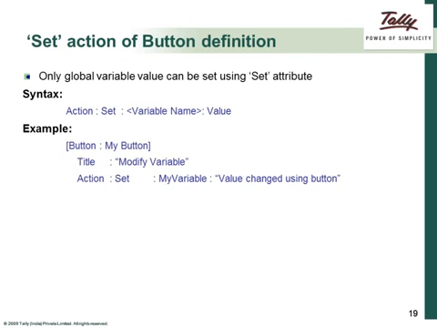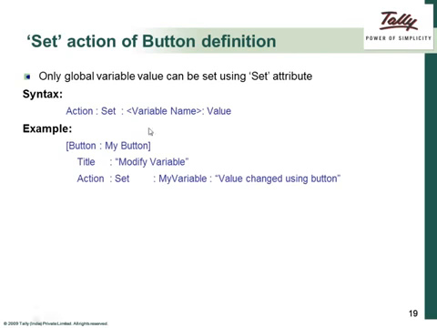So that's the difference. Otherwise, the behavior is exactly the same. Both help us to change the variable value. However, at report level, set helps us to give the initial value while the report is open, whereas the button helps us to change the variable value. Fine? Fair enough?